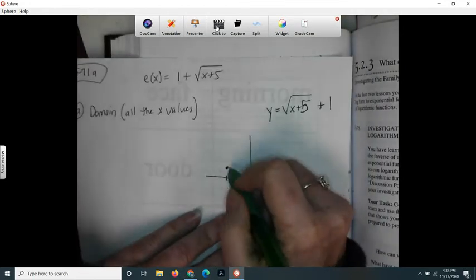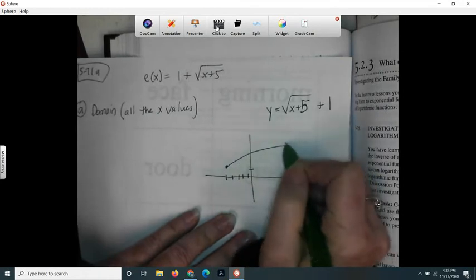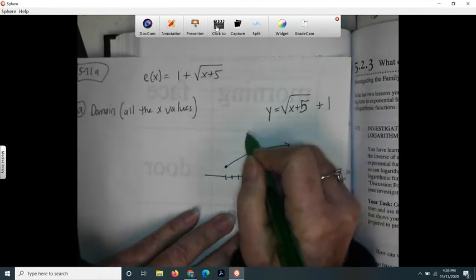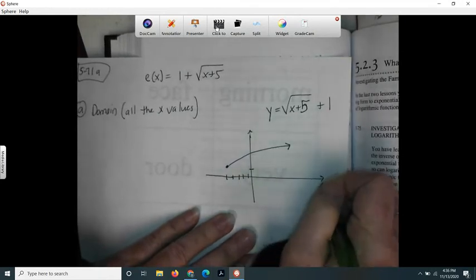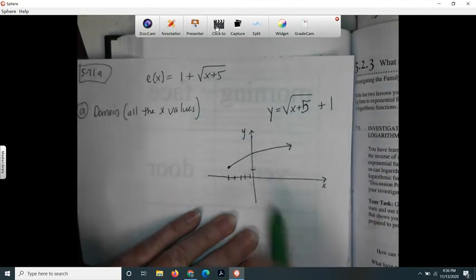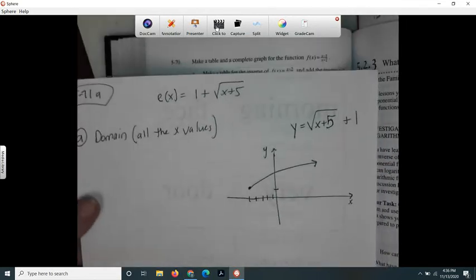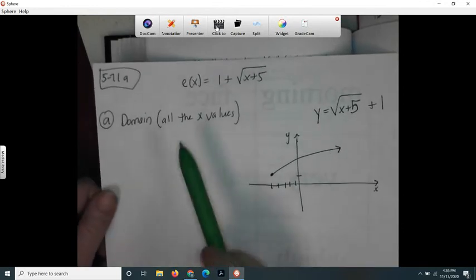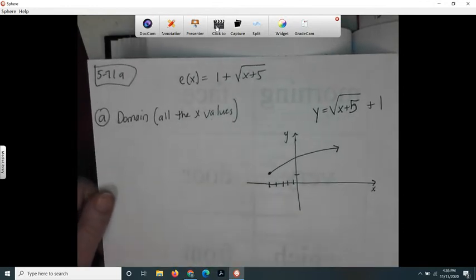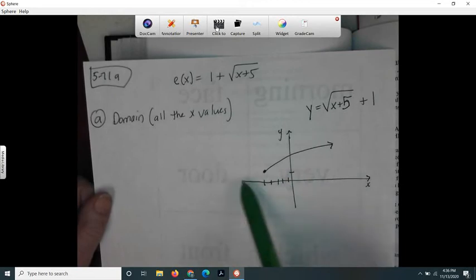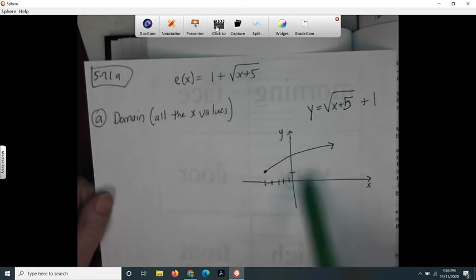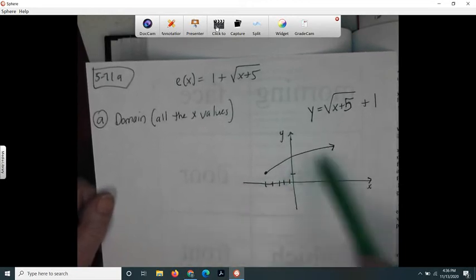And then I'm just going to fake it, make a little sketch that resembles the parent function. The reason I'm doing this is because it's a nice, fast, easy way to look at the domain. So the domain is all the x values. Now I just look at the x-axis and ask, how far left and right does this graph go?